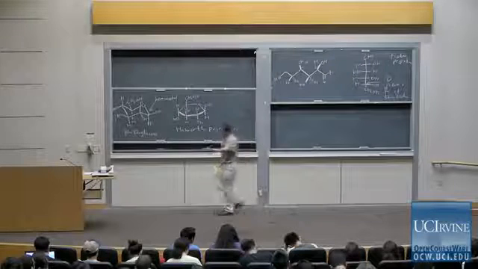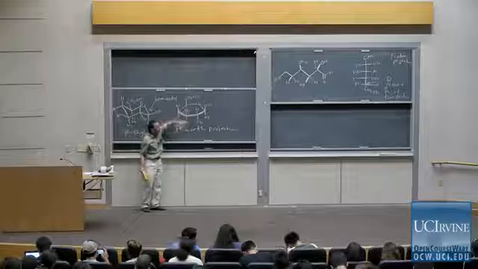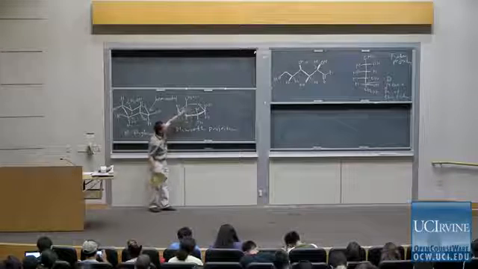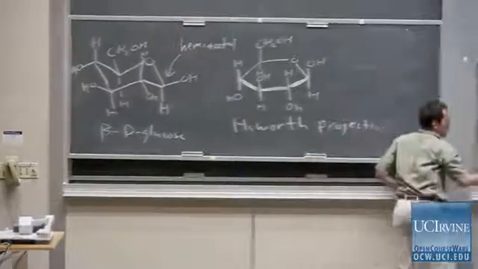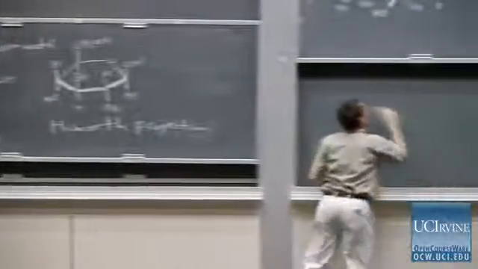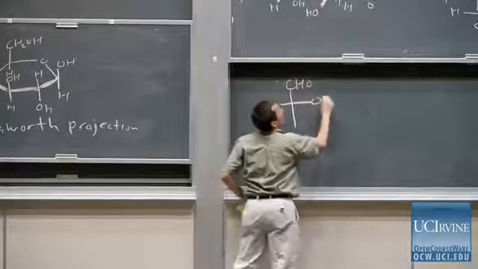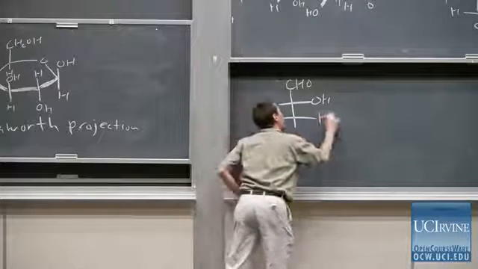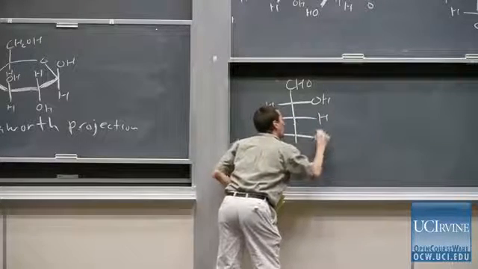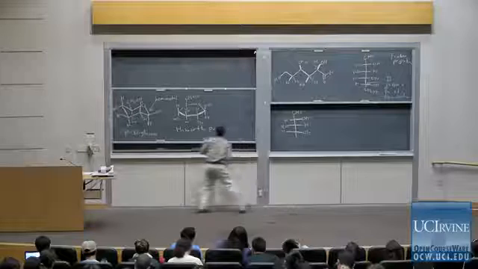All right. Here's our Haworth projection again. I want to show you what I see when I go ahead and do this. I'll draw this on this blackboard here. So we look and we say OH, H, OH, H, OH, H. Now we come down to this position.